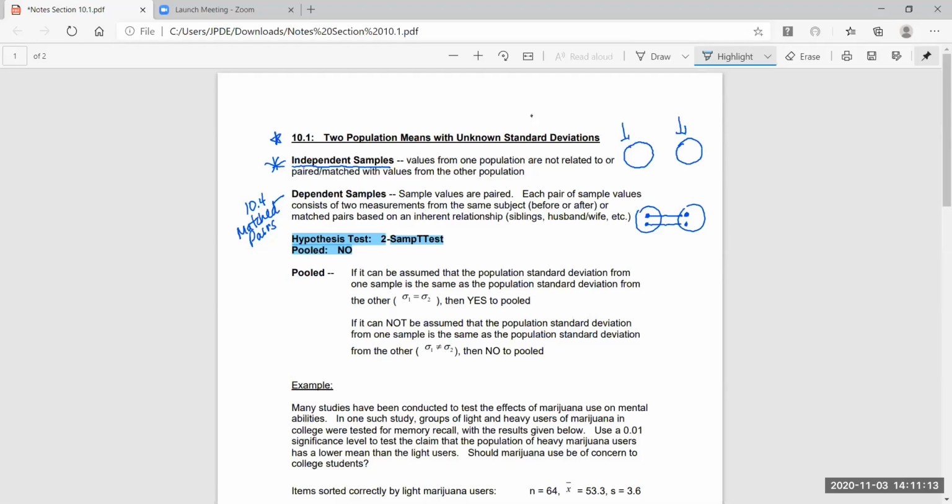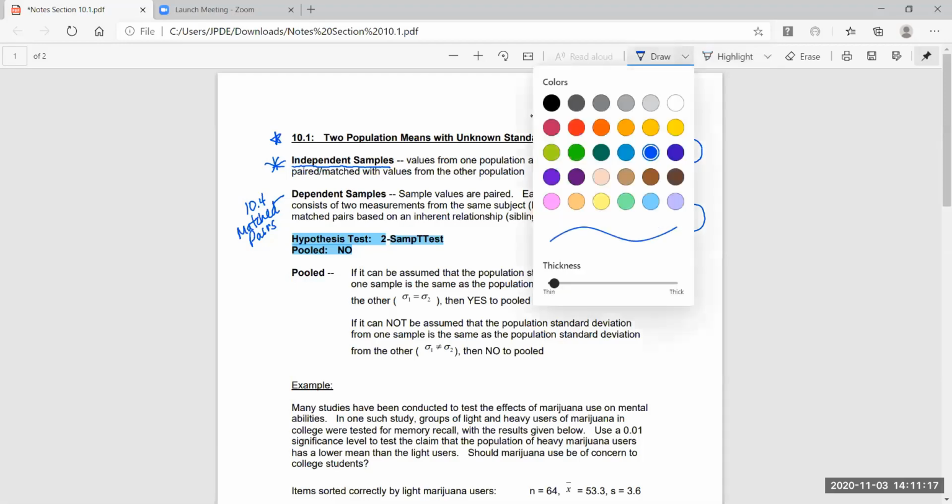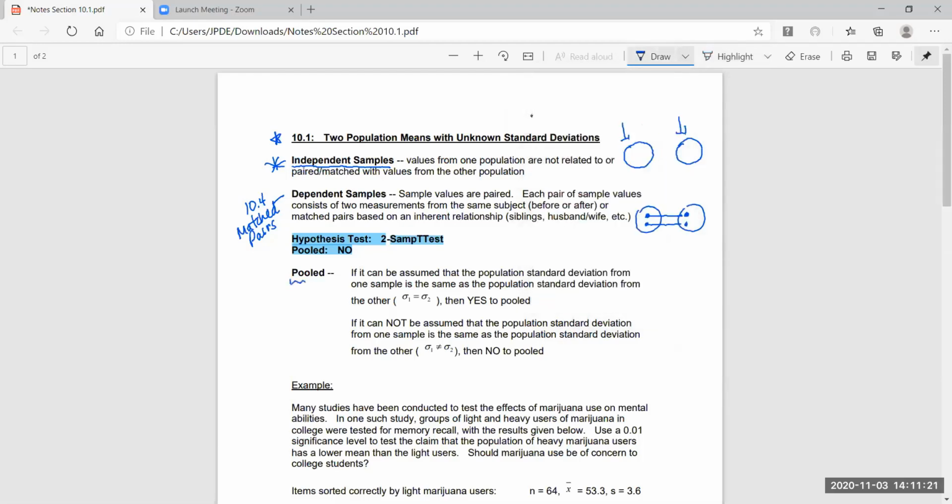I do want to explain what it means by pooled, though. So looking here, if you're looking at what is pooled, when you're building your study and pulling data for a sample, you're going to have two different samples, like we said.